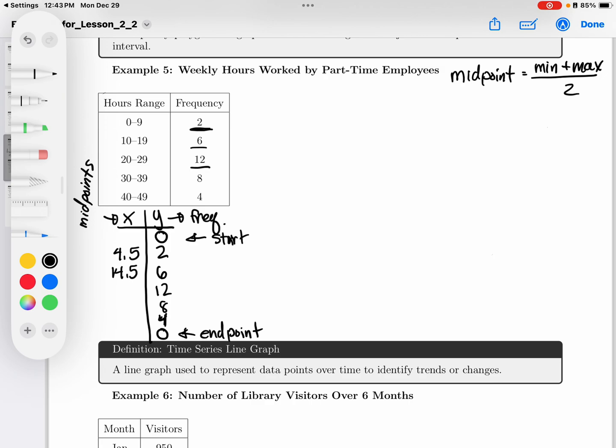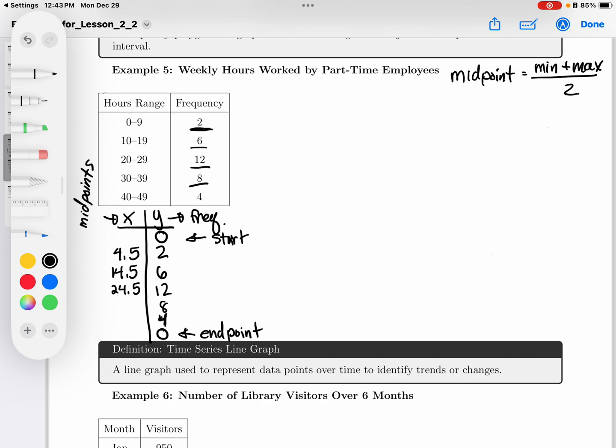Then the midpoint that goes with 12, I'm going to take 20 plus 29, that's going to give me 49. And then I divide that by 2, and I get 24.5. All right, then the midpoint that goes with 8, I'm going to take 30 plus 39. That gives me 69.